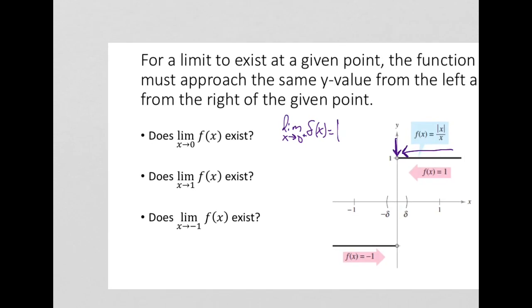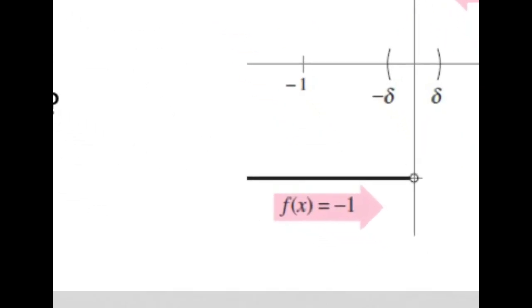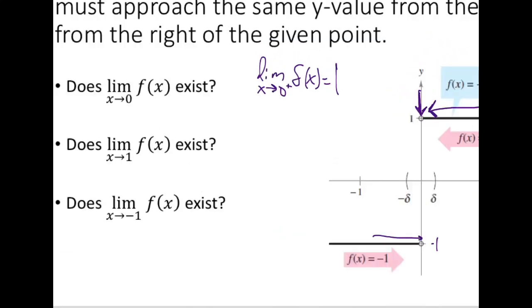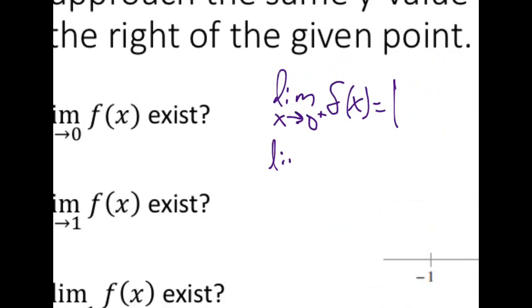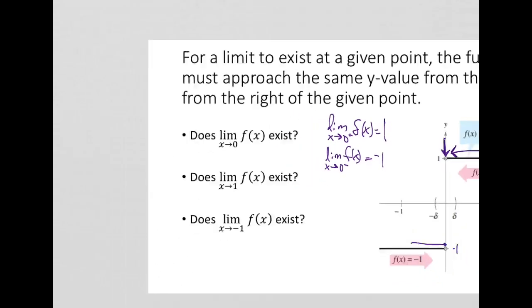But if you look at the limit from the left, so from the left moving to the right, well, my graph is going to the y value of negative 1 right there. So I can say that the limit of f of x as x goes to 0 from the left, and notice to say from the left, I have a little superscript of a minus sign. That limit is negative 1.